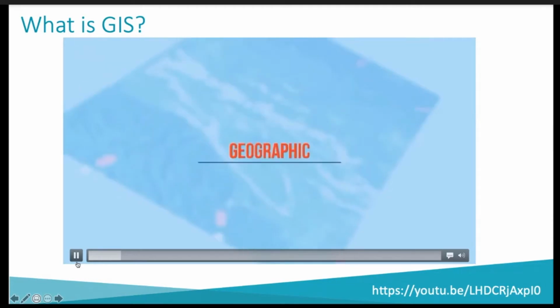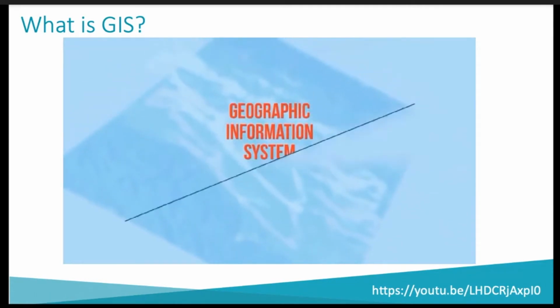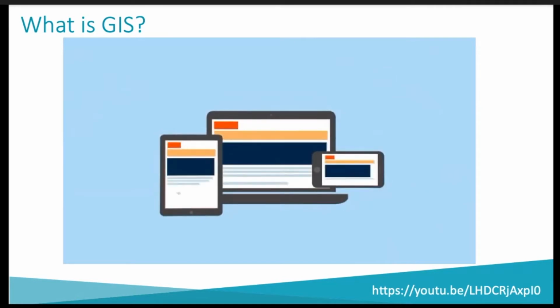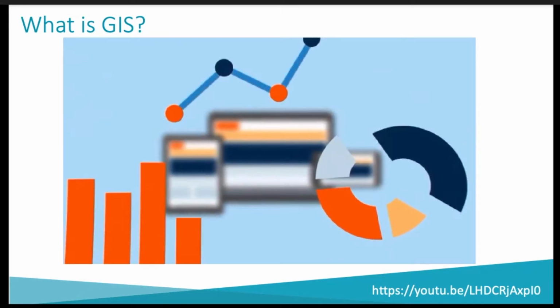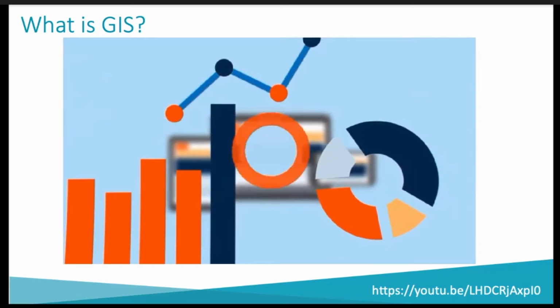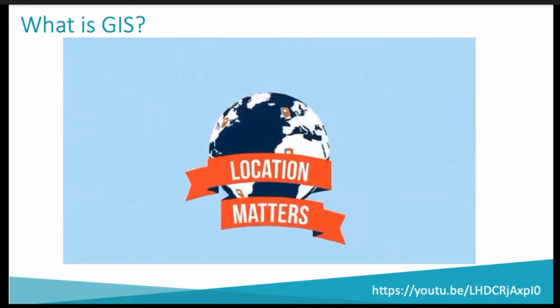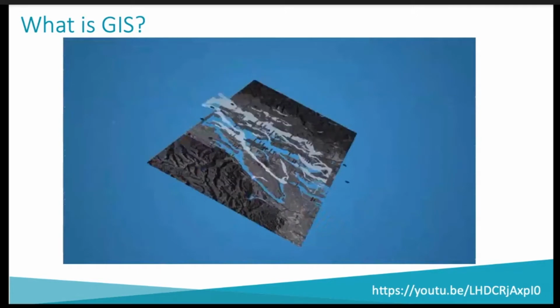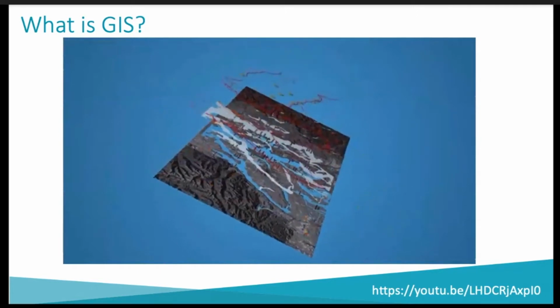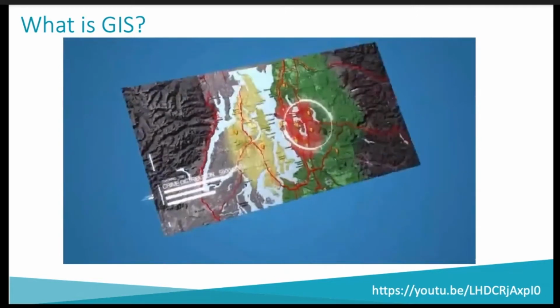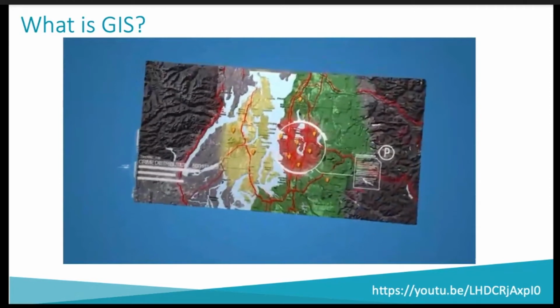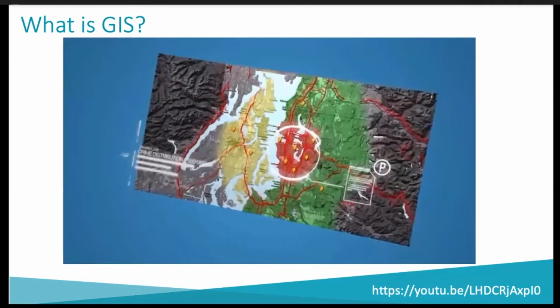GIS stands for Geographic Information System. Using computer hardware, software, and a ton of raw data, we can explore the fundamental principle of geography, that location is important in people's lives. Using GIS, we can view, understand, question, visualize, and interpret data in visual ways that reveal relationships and patterns, which allows us to make better decisions.